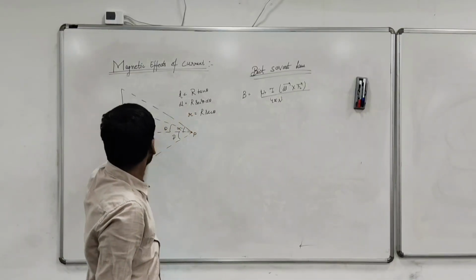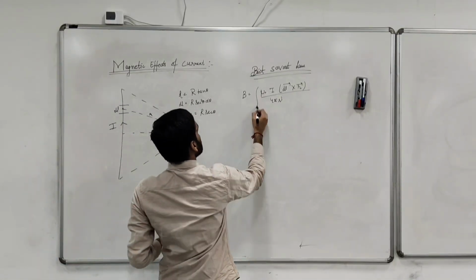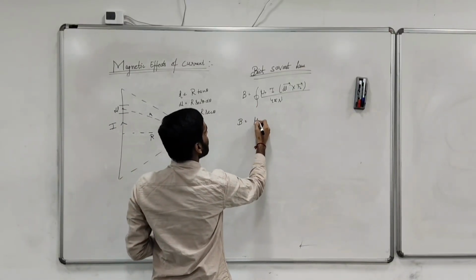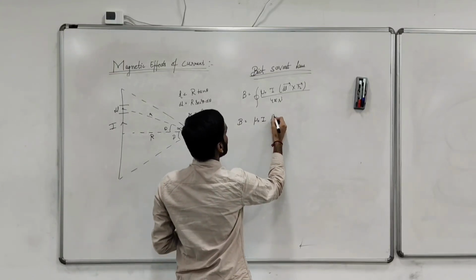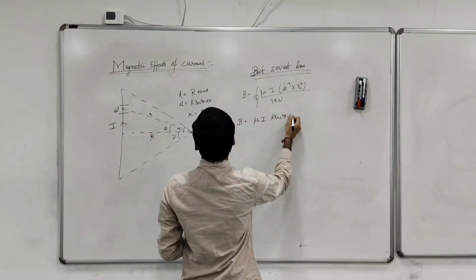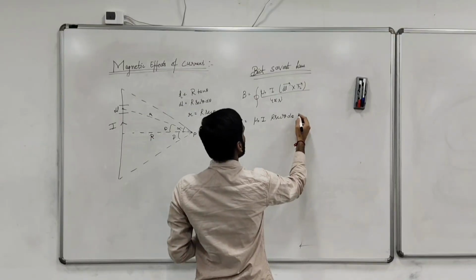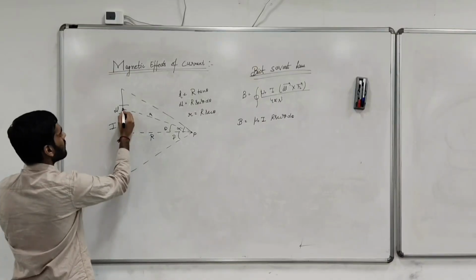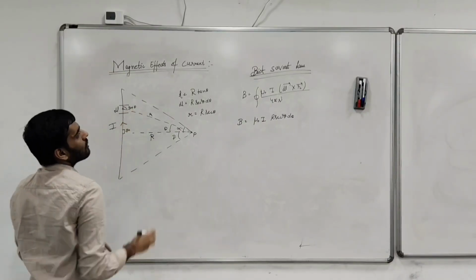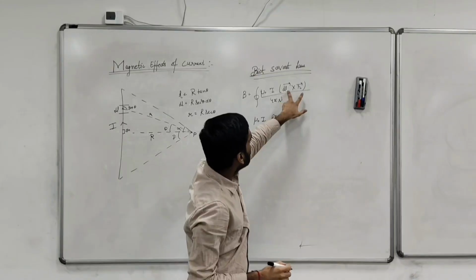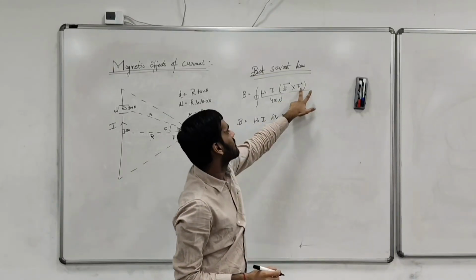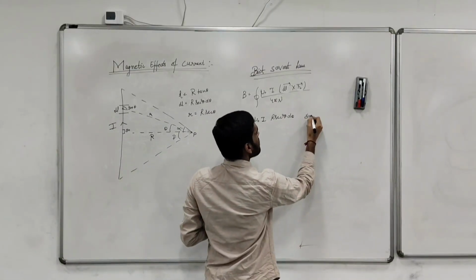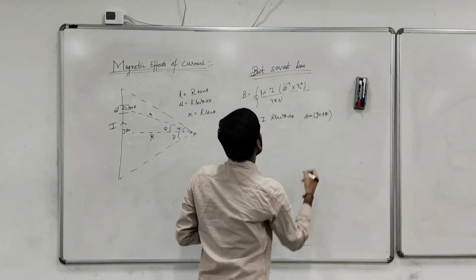We know r, we know dl, current I is flowing through it, and we just want to find the magnetic field B. Just do the simple mathematics. This is theta, this is 90, so this becomes 90 plus theta. So the angle between the length of the wire element and the vector to the point where we want to calculate turns out to be sin of 90 plus theta.